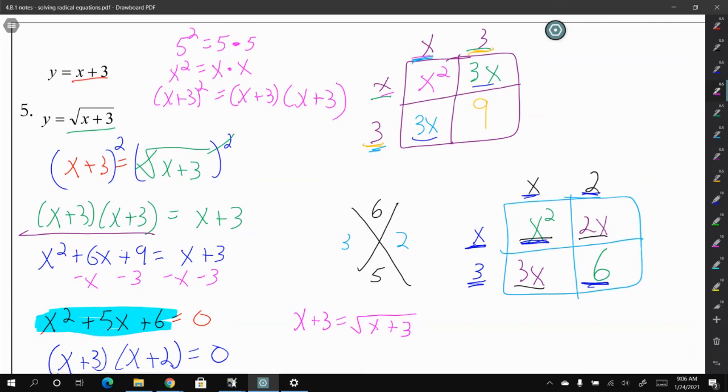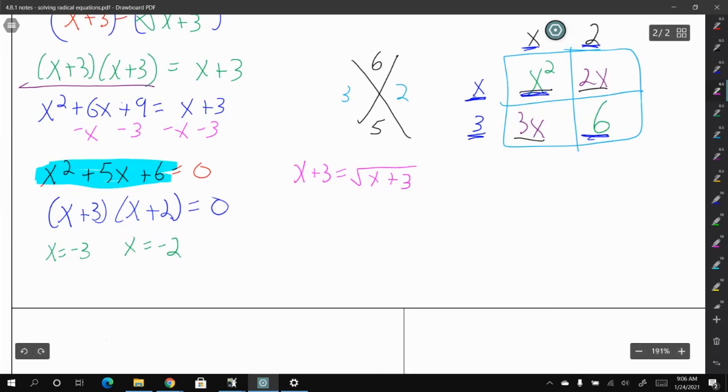We're going to plug in -3 and -2. So -2 plus 3 equals the square root of -2 plus 3. Well, -2 plus 3 is 1 equals the square root of 1. 1 equals 1. That is true. So -2 works.